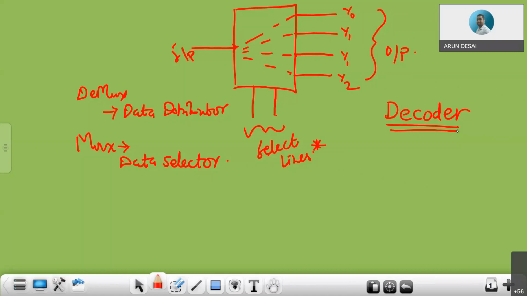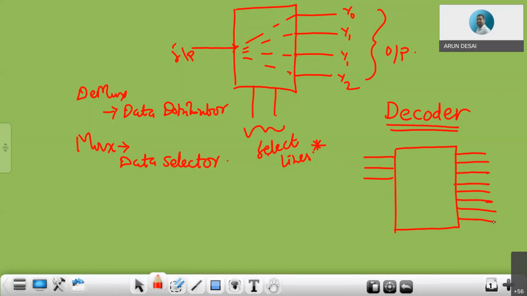The functionality of a decoder is somewhat similar to a demultiplexer, but in case of a decoder there are many input lines and multiple output lines.